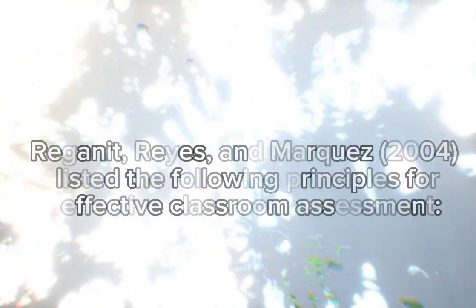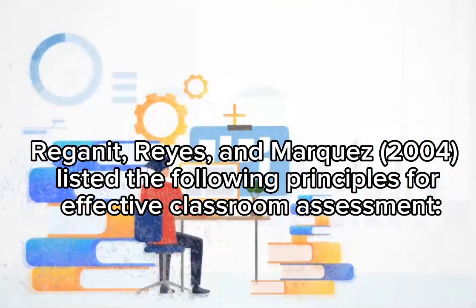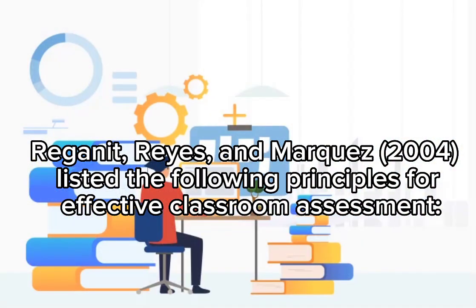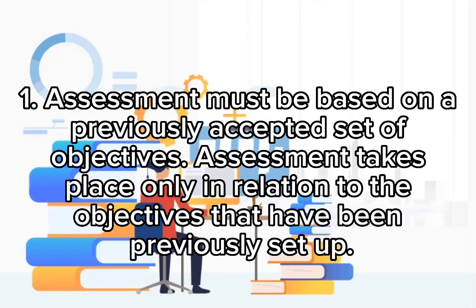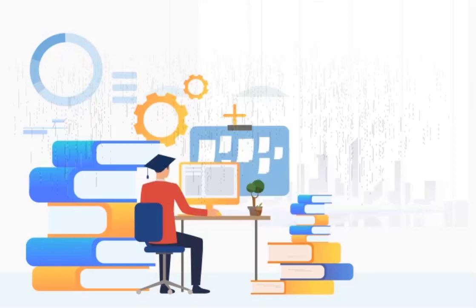Regan, Reyes, and Marquez (2004) listed the following principles for effective classroom assessment. 1. Assessment must be based on a previously accepted set of objectives. Assessment takes place only in relation to the objectives that have been previously set up. 2.